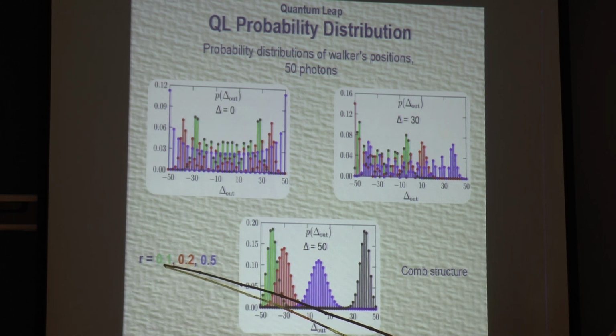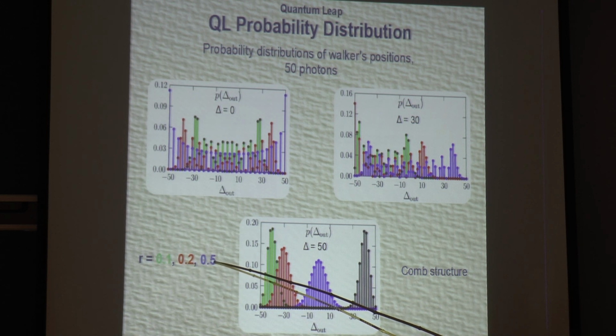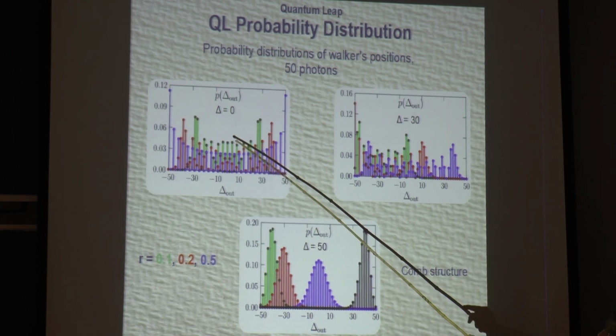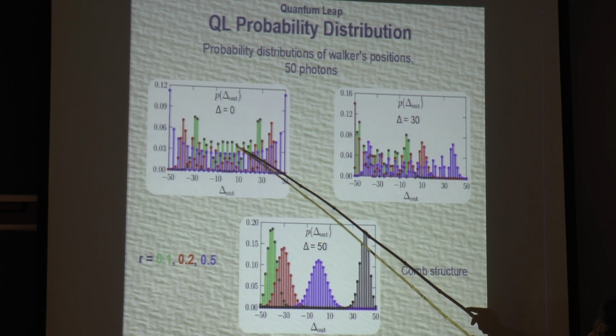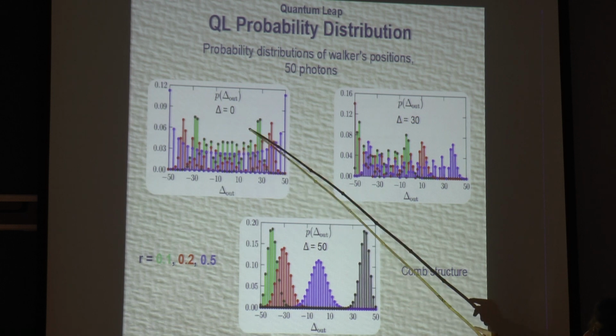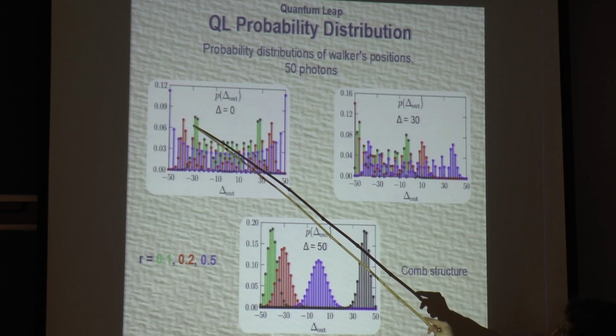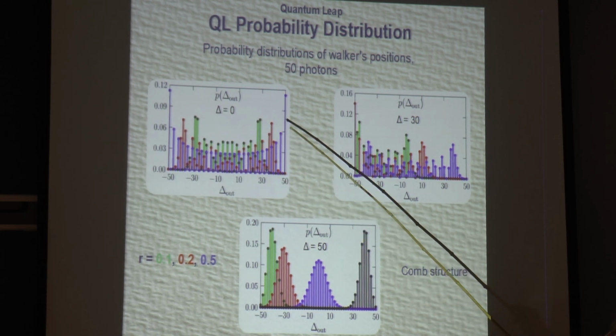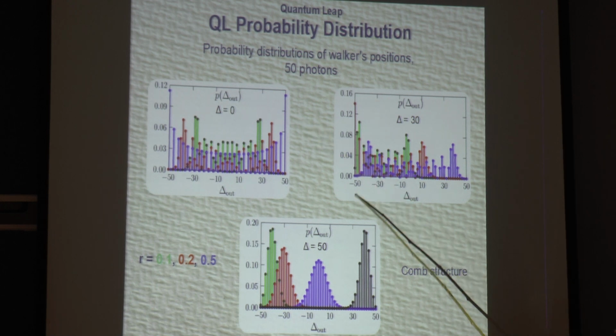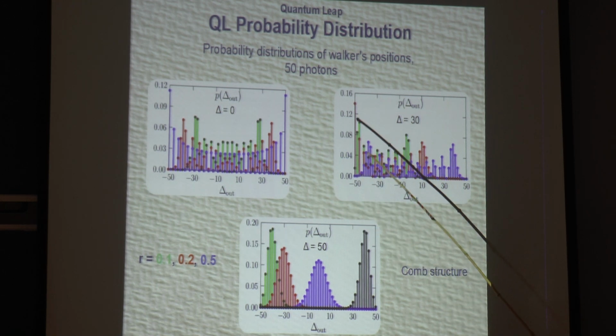The colors correspond to the following values: green 1/10, red 2/10, blue 1/2. We see how the distribution obtained behind the beam splitter spreads if we set the reflectivity of the beam splitter properly.